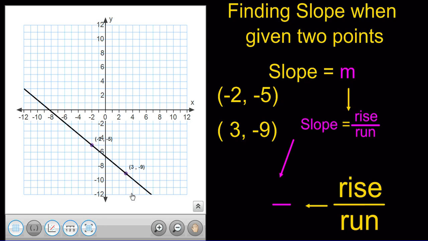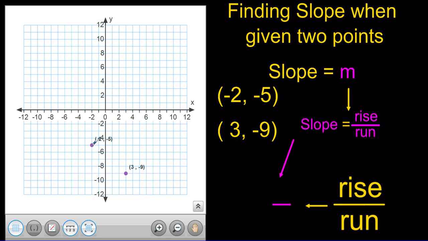Again, if you connect those 2 points, you can make the line graph and then find the slope of this line. I'm going to eliminate that line graph so we can see the arrows showing rise over run.